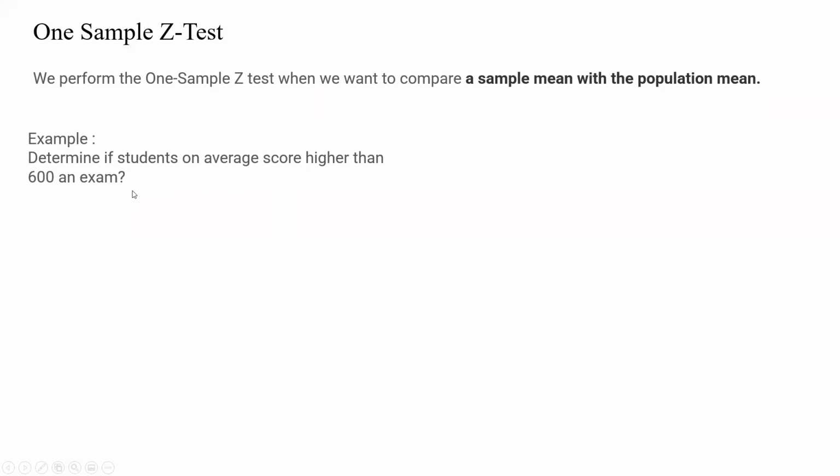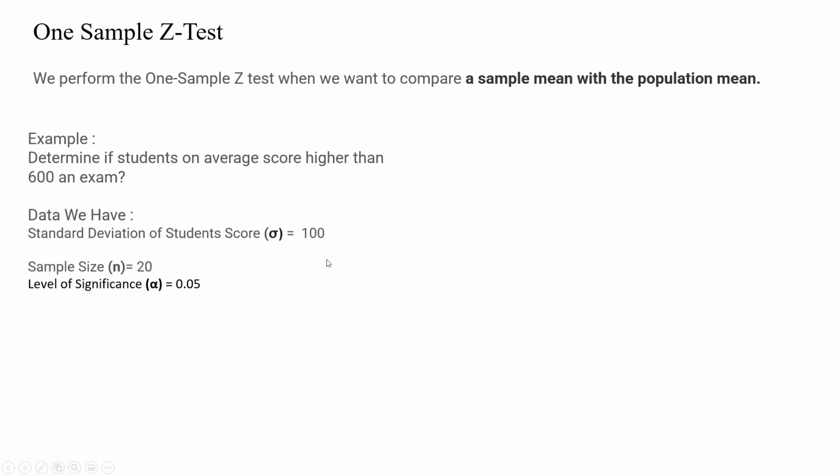Let's take this example forward. In order to perform a Z-test, we need, as I said, the standard deviation or variance of the population. Let's say the standard deviation in this example is 100, and we take a sample of 20 students from the population, and the level of significance we want in this hypothesis is 0.05. We already have sample data of 20 students and their marks, so we will calculate our sample mean.